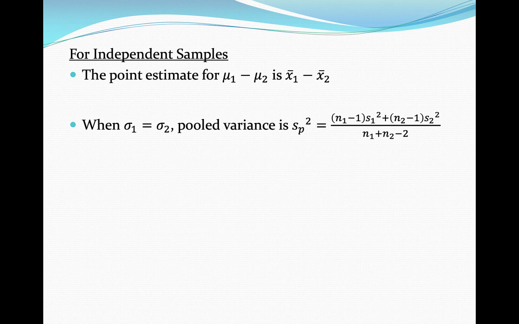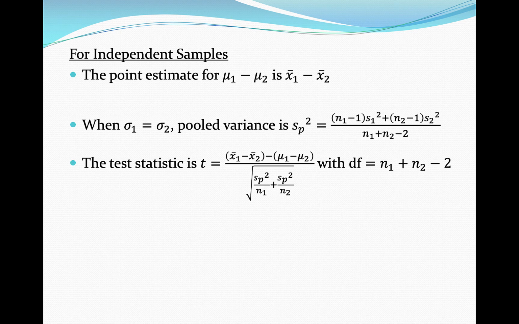It's basically a combination of the degrees of freedom for each data set. So we basically have n1 minus 1, which you can see on the top, and n2 minus 1. Whenever you combine n1 minus 1 plus n2 minus 1, you end up with that denominator, which is n1 plus n2 minus 2. So basically, that's just a weighted average of the variances for the two samples. That's how we get our pooled variance.